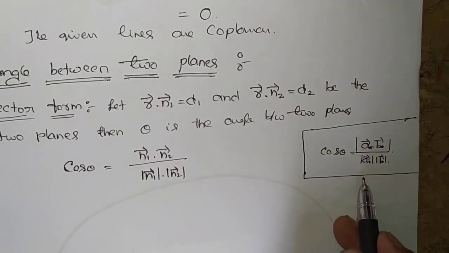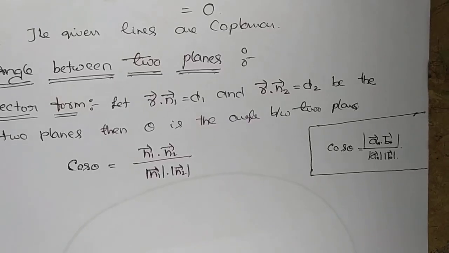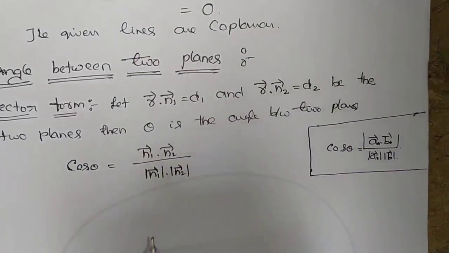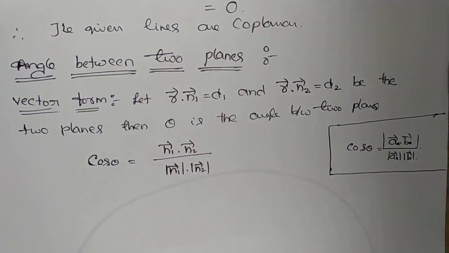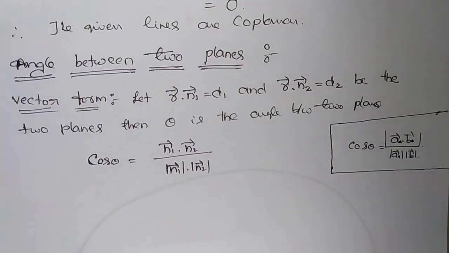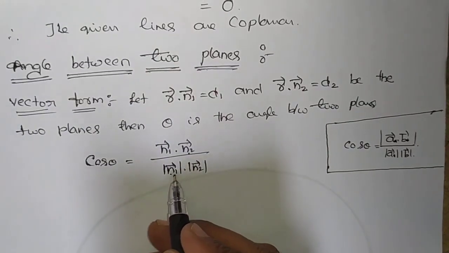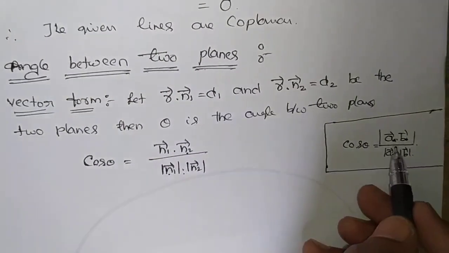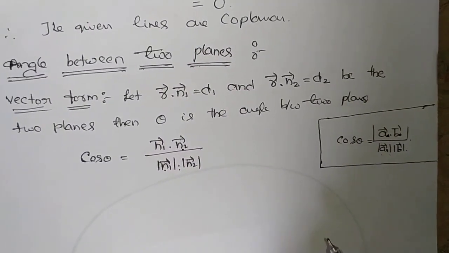It is the formula we have in vector algebra. Compare these two formulas and you will find only a little difference: here n1 dot n2 divided by magnitude n1 magnitude n2.